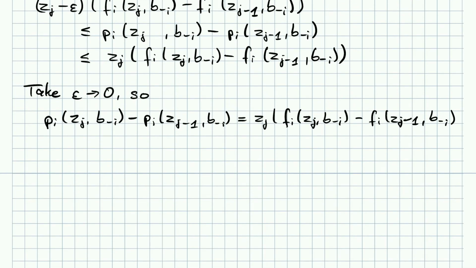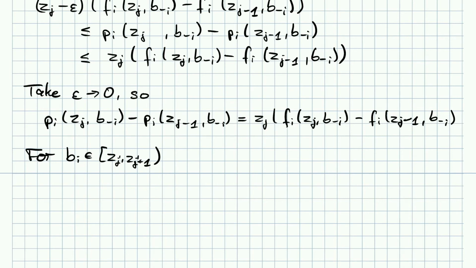So how could we do this? For any bi that is somewhere in some zj, zj plus 1, what is it that we're getting? Let's rather call this zj prime.